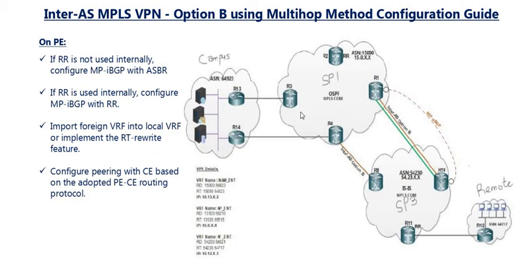However, in this scenario, and this has actually been a consistent design which I have worked with for this particular series of videos on inter-AS MPLS VPN, I am using the route reflector to make the internal routing more scalable, and of course leverage the simplified configuration of internal peering, and that is the second point here.